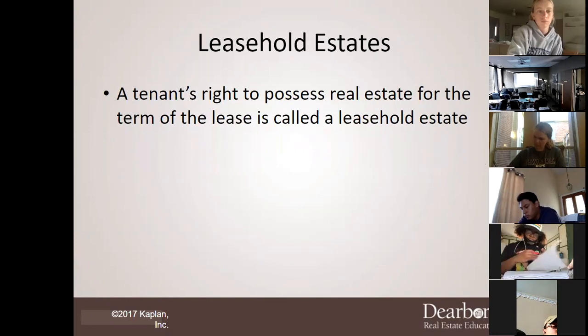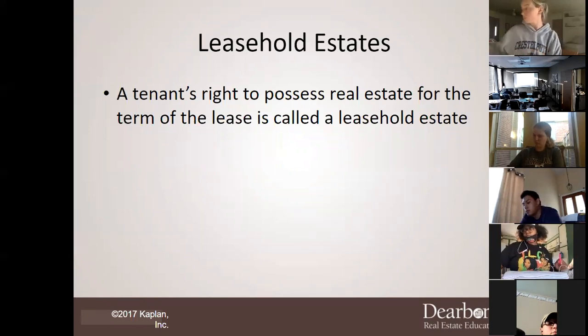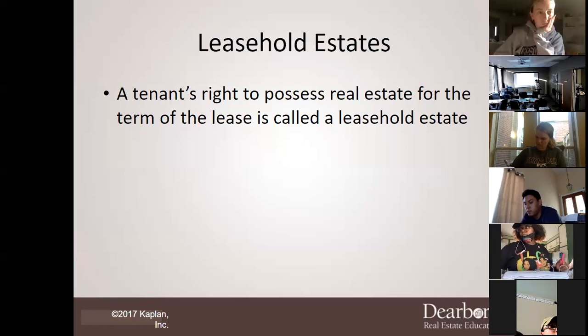Leasehold just means it's a form of ownership, but it's not the same. When you said leasehold, if you owned it, it would be a freehold estate.